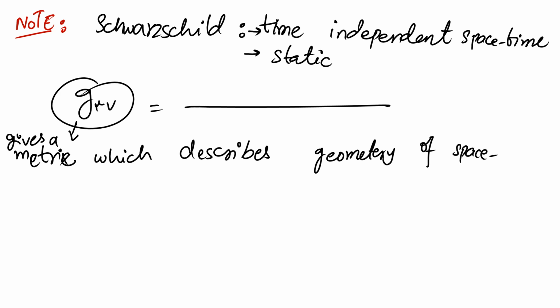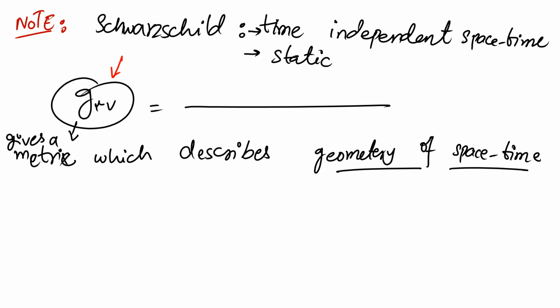That is one of the most important features of this Schwarzschild solution, because it describes the geometry of space-time.